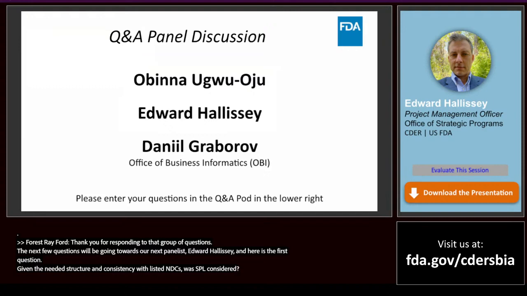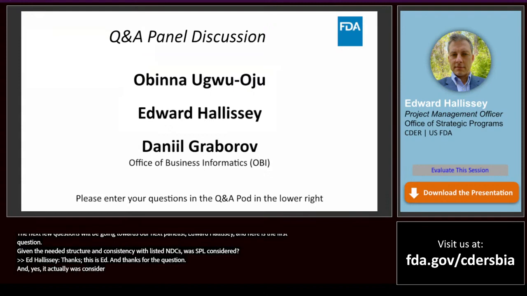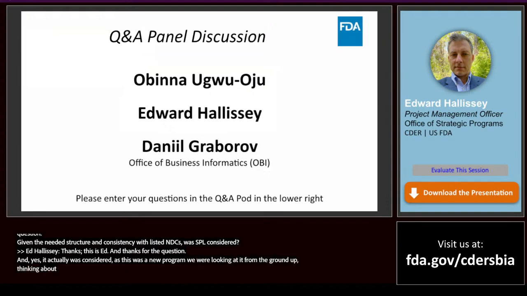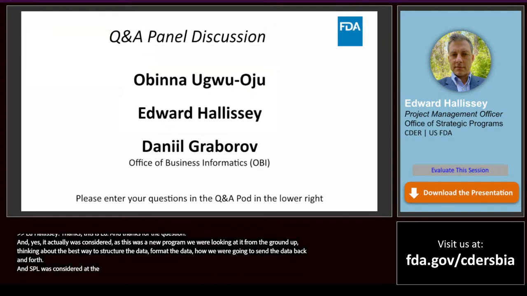Hi, thanks. This is Ed, and thanks for the question. Yes, it actually was considered. As this was a new program, we were looking at it from the ground up, thinking about the best way to structure the data, format the data, and how we're going to send the data back and forth. SPL was considered at the outset. We had some options analysis on whether or not to use it.